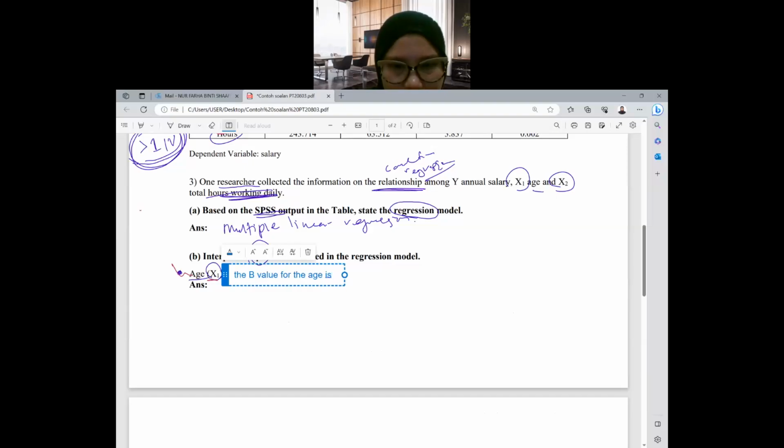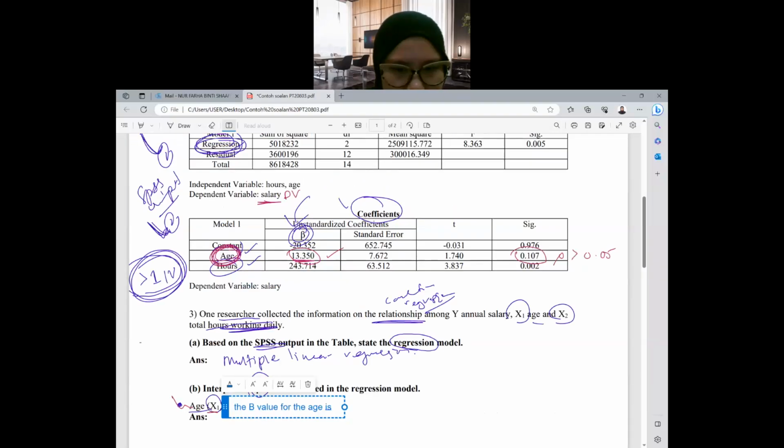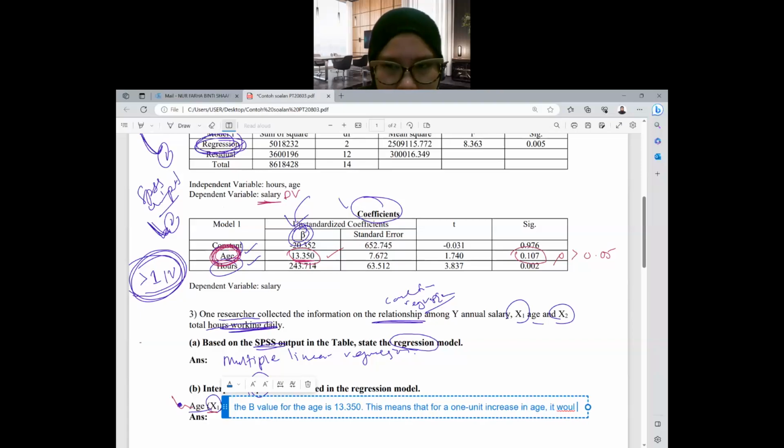It is 13.350. So this means that for a 1 unit increase in age, it would predict.